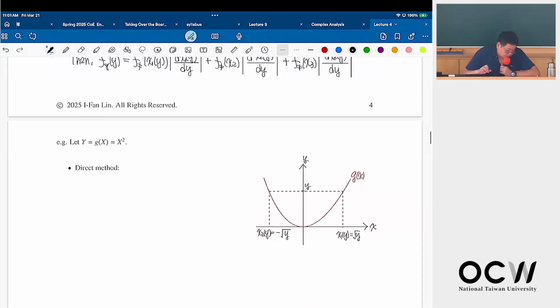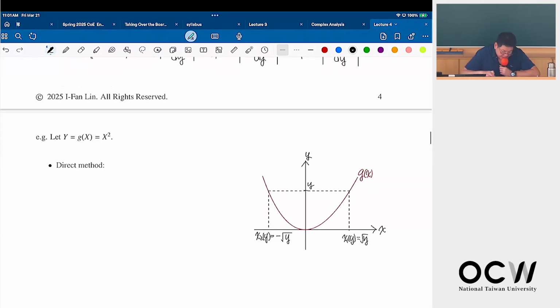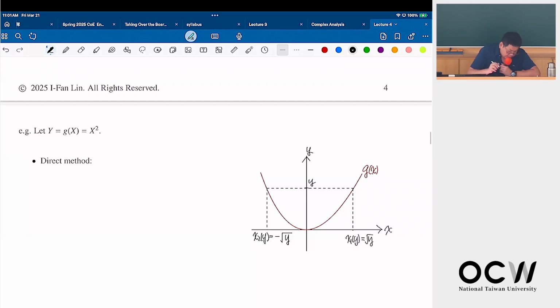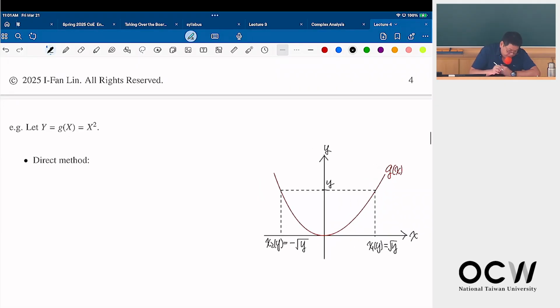So to find the PDF, first let's use the direct method. Since it is not a monotonic function, we have two parts to consider. The PDF of y is the PDF of x. The first part is the monotonically increasing part when x is greater than 0.